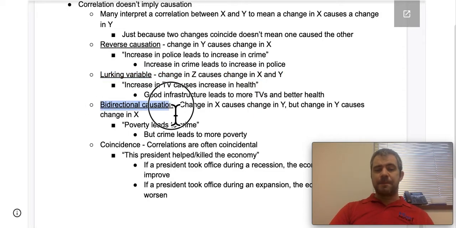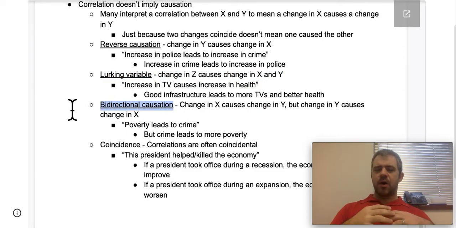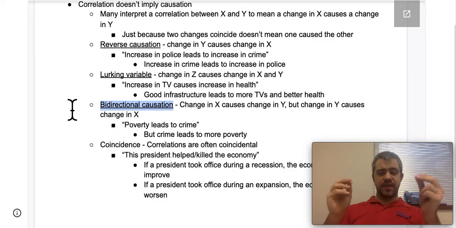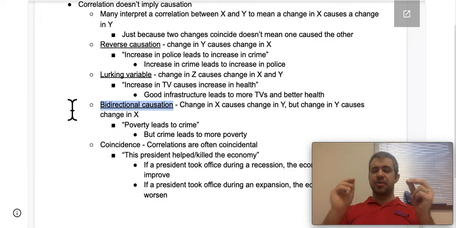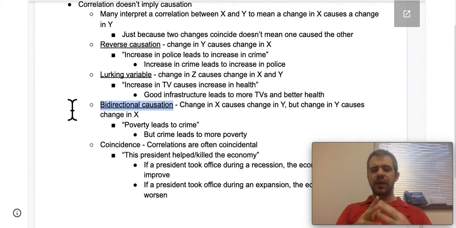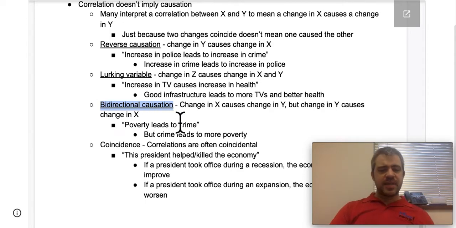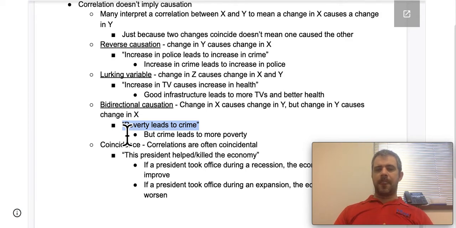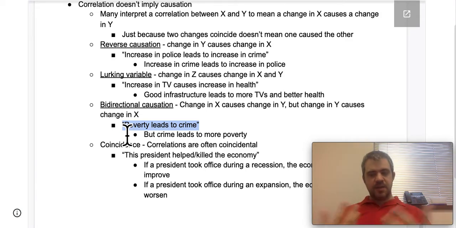There's also something called bidirectional causation. Now, these are interesting scenarios because instead of this causing this, it's actually this causes this and this causes this. There's kind of a feedback loop there. Okay, and the example that I listed here is poverty leads to crime. I would say that is fairly true.